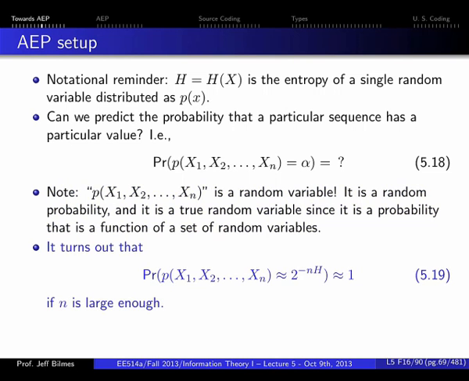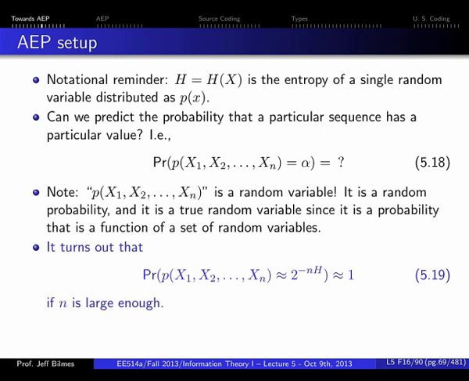Now, another way of saying essentially what we've been saying is that the probability of this set of random variables being approximately 2 to the negative nh is approximately 1. Does it mean that the x's are constant? No, the x's are not constant.